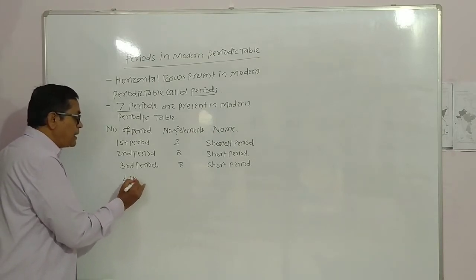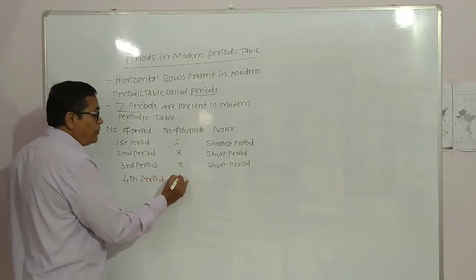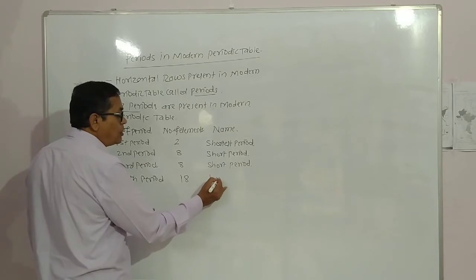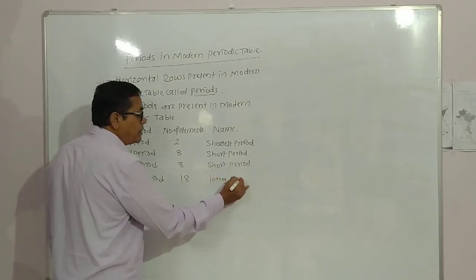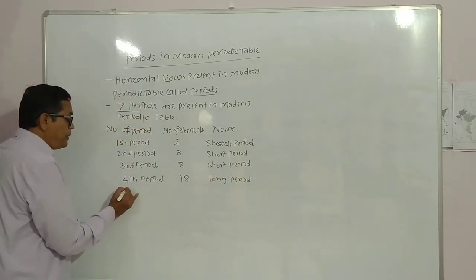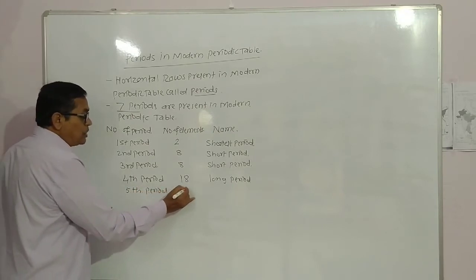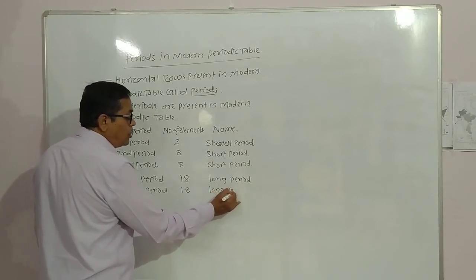Then the fourth period consists of 18 elements, and it is called a long period in the modern periodic table. Then the fifth period also consists of 18 elements, and that is also called a long period.